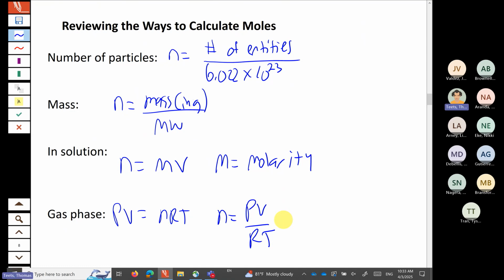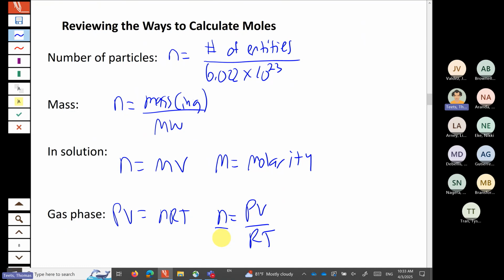So if gases are involved as reactants or products, and we know their pressure, volume, and temperature, we can determine the number of moles and use that as part of a stoichiometry calculation. As we've already talked about a lot, any stoichiometry calculation typically starts with finding the moles of the substances involved. For gases, this is one way to do it.